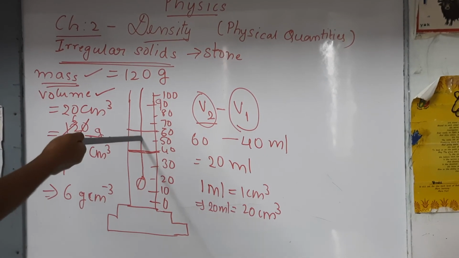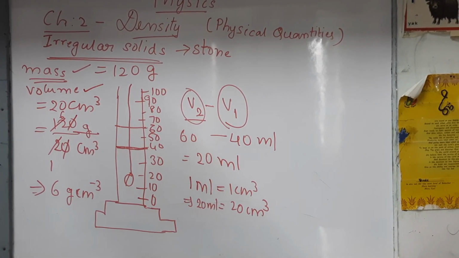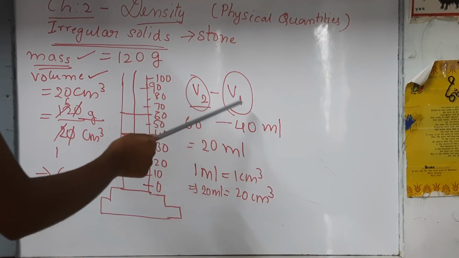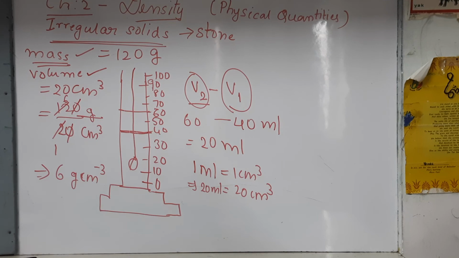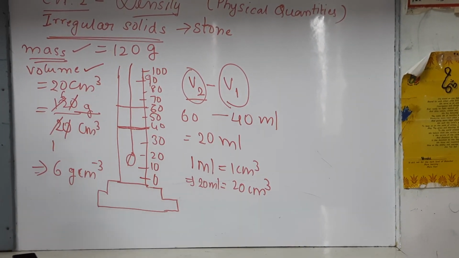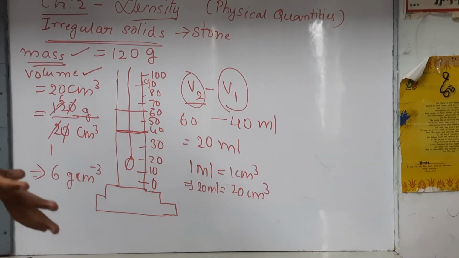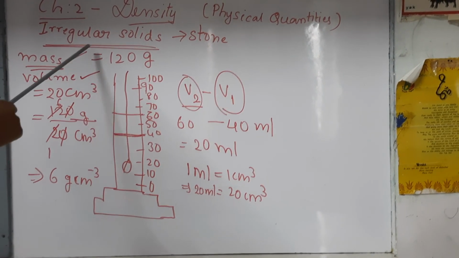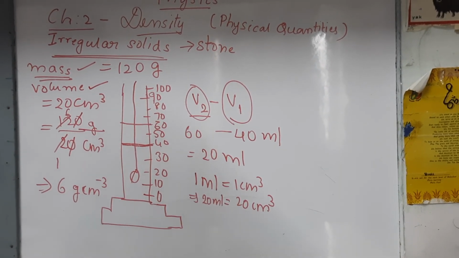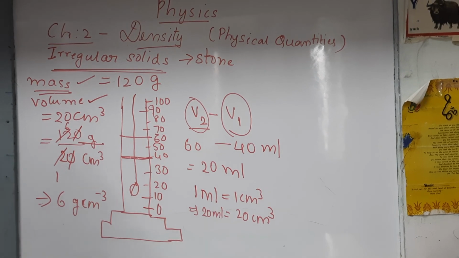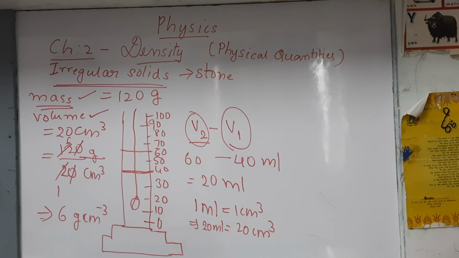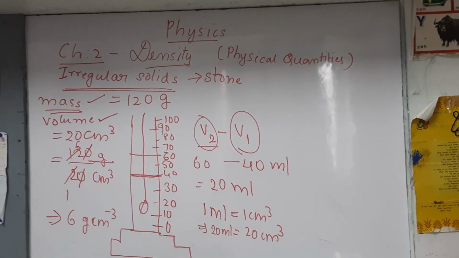Here the water level rises from 40 to 60. V2 minus V1, the final level minus the initial level, is 60 minus 40, which is 20 ml. You know that 1 ml is equal to 1 centimeter cube, so 20 ml is 20 centimeter cube. We got the mass and the volume, so now we find the density: 120 by 20, making sure the units are correct, is 6 gram centimeter raised to minus 3.